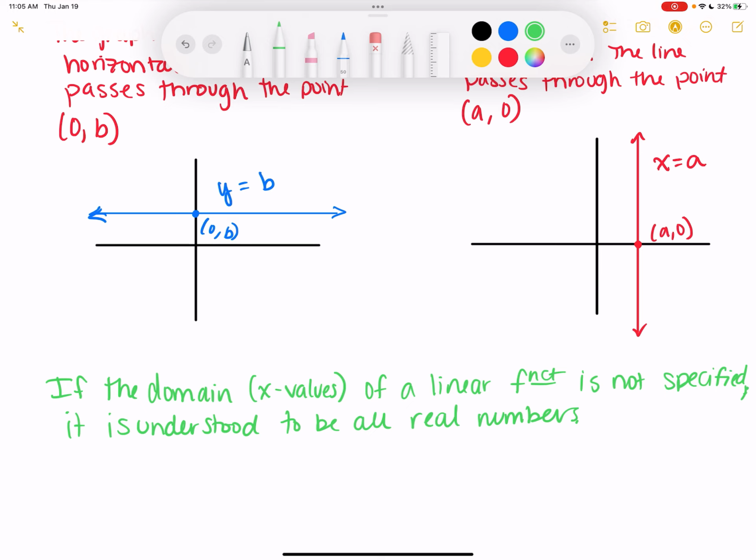So basically, what that's saying is if it doesn't specify, the line is going to go on forever in both directions.